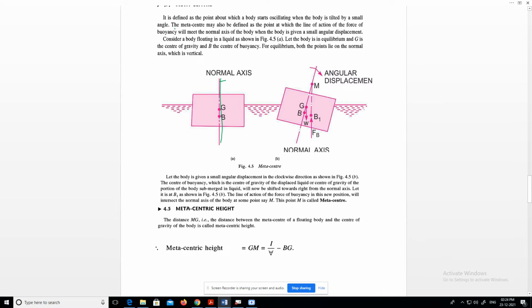Before that, we want to know this point. The meta center may also be defined as a point at which the line of action of the force of buoyancy will meet the normal axis of the body when the body is given a small angular displacement, that is theta.